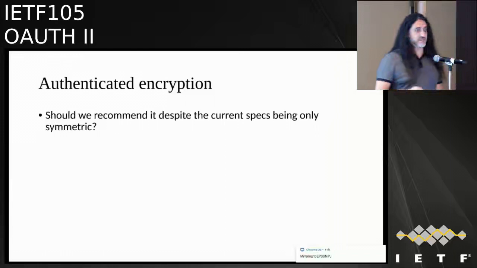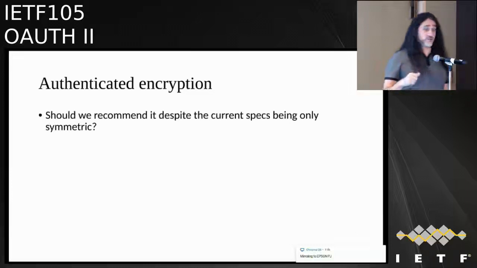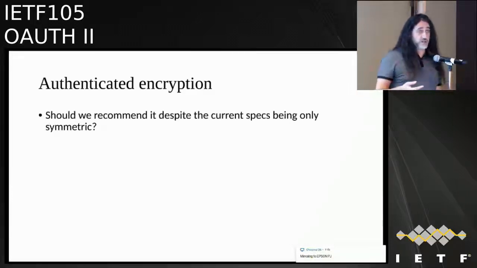Aaron suggested that we should actually require it, and I'm not against it, but at the same time, I know that privacy-conscious people were pushing to also include in their recommendation to use authenticated encryption. The thing is that authenticated encryption today, the only specs we have all use symmetric keys. And that makes me very uneasy, because now I'm leaving as exercise to the reader something which is super important, which is acquiring the stuff you use for checking tokens.